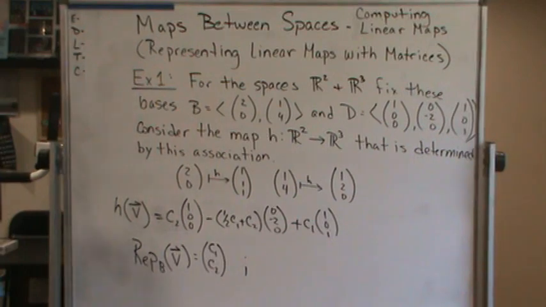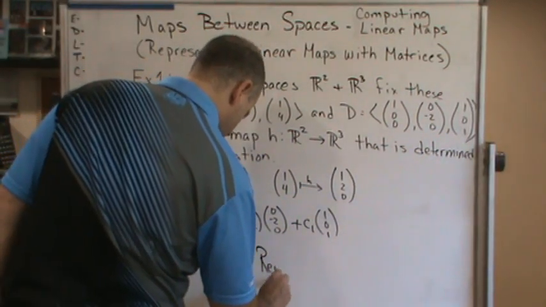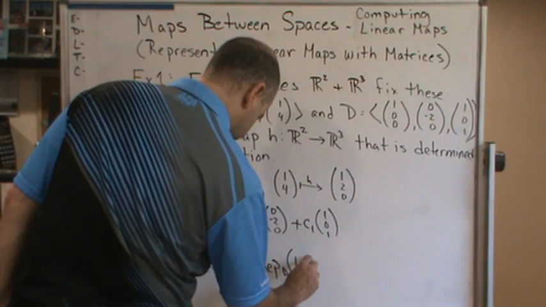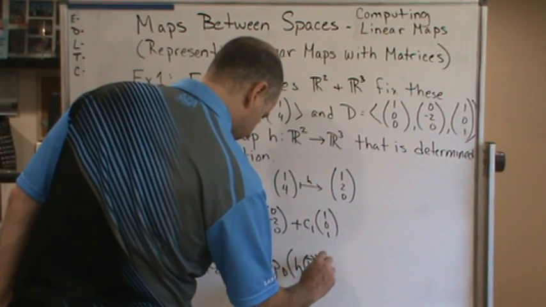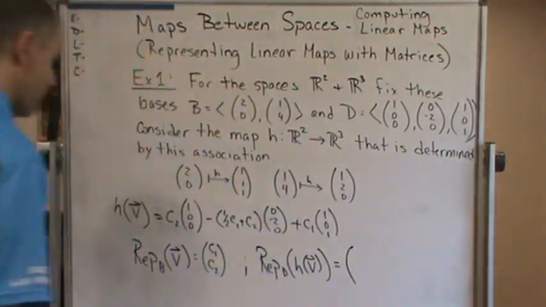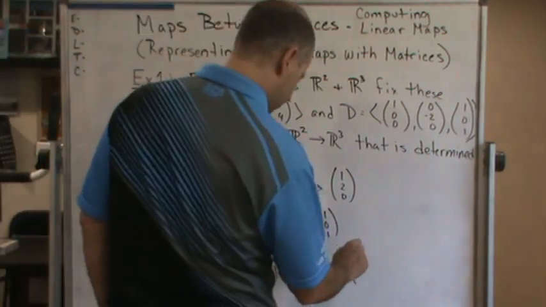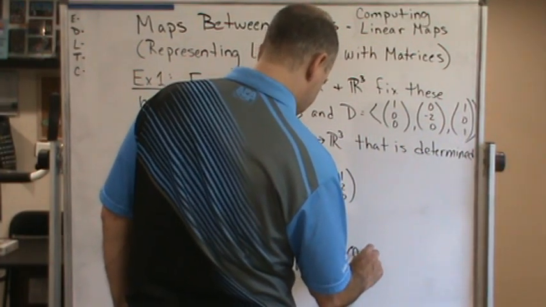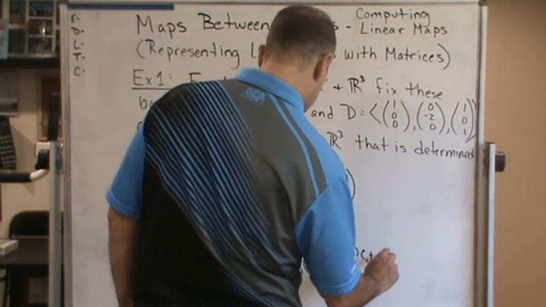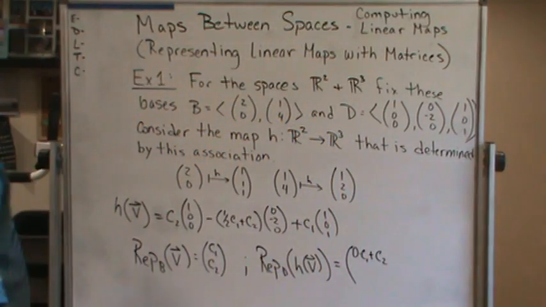And the representation with respect to D of H of V is equal to, technically, 0 times C1 plus C2.